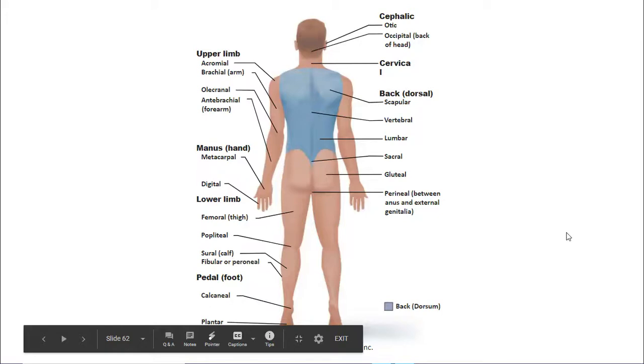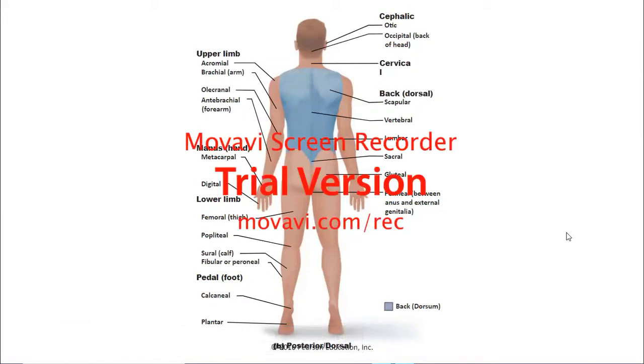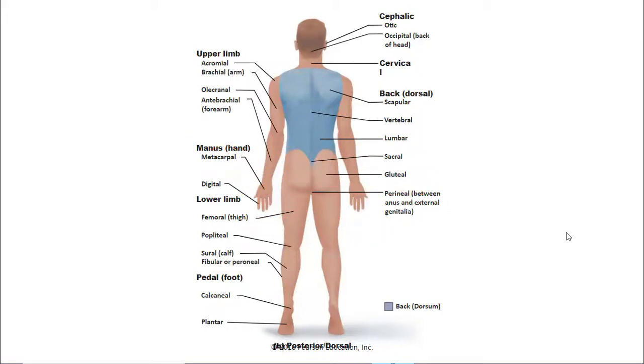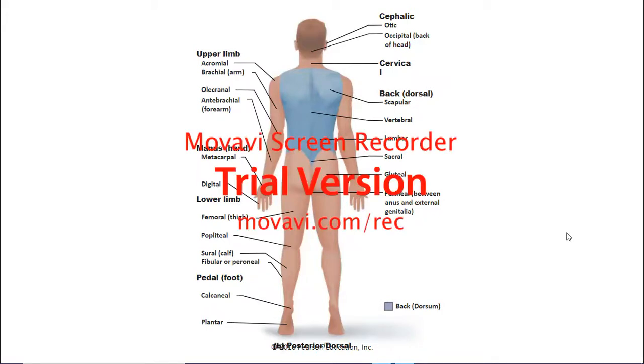That's why it's to your benefit to be able to identify the names of these anatomical places and structures, because when it comes time to take Anatomy 2, you need to know it for Anatomy 1 also.